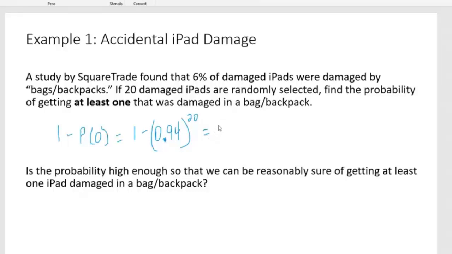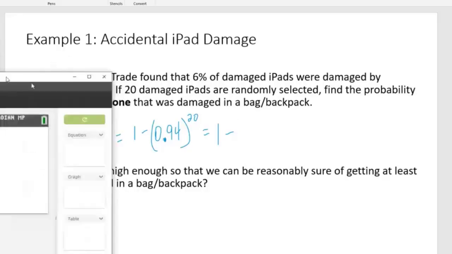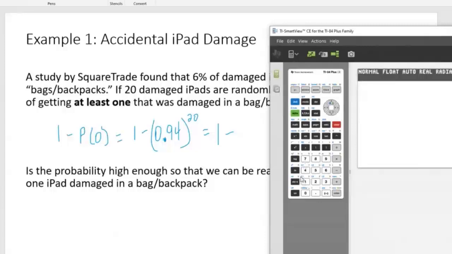Now, just on a calculator, we'll do that part first because I want to compare it to something else that you can see. So as I bring up a calculator then, we can do 0.94, that's the chance it's not damaged in this bag or backpack, and raise it to the 20th because I need that to happen for all 20 of them.